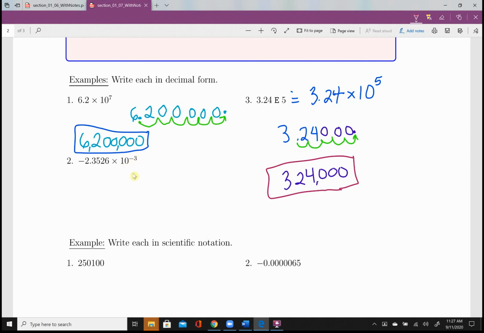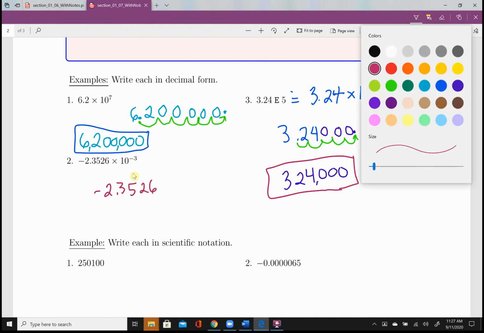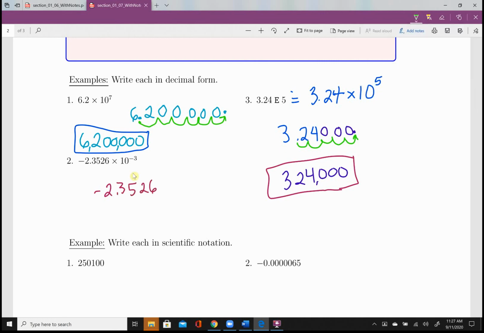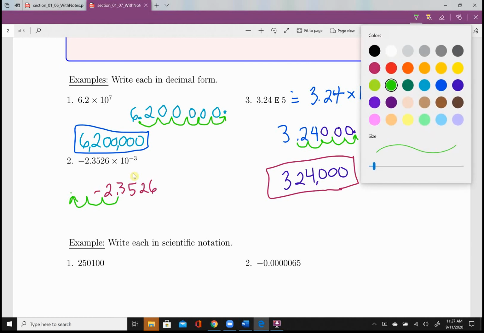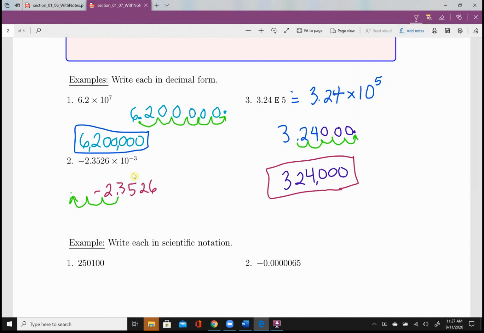Okay, so go ahead and give yourself the A value, negative 2.3526, and move that decimal place 3 units, 1, 2, 3, but this time, right, to the left. So then an egg goes in here.